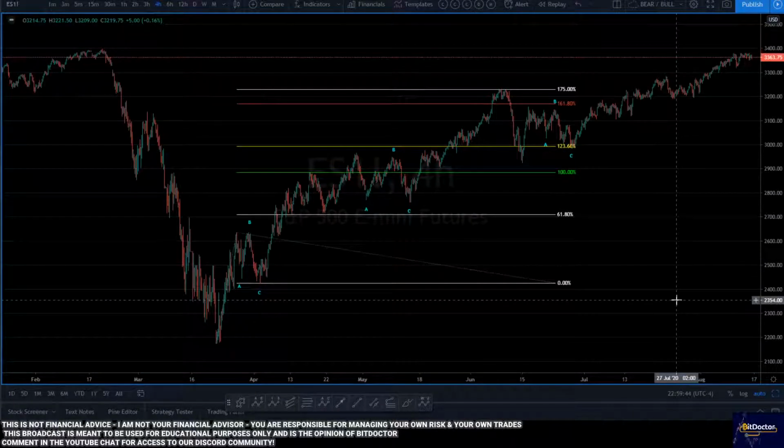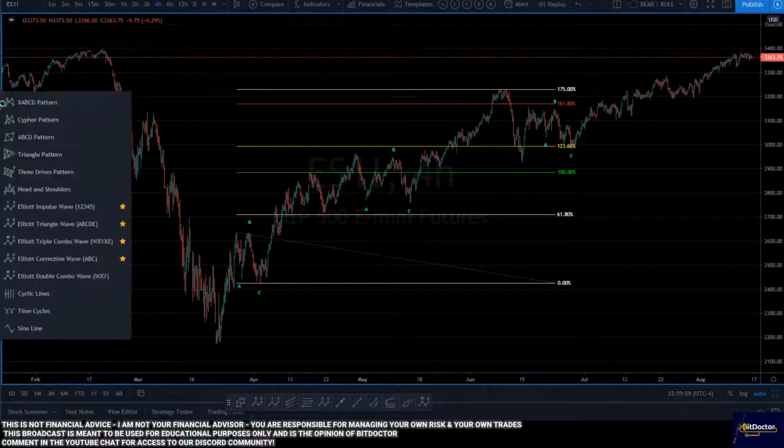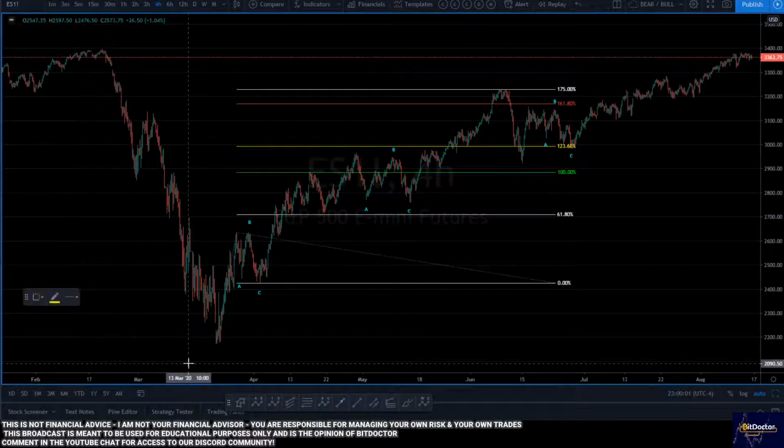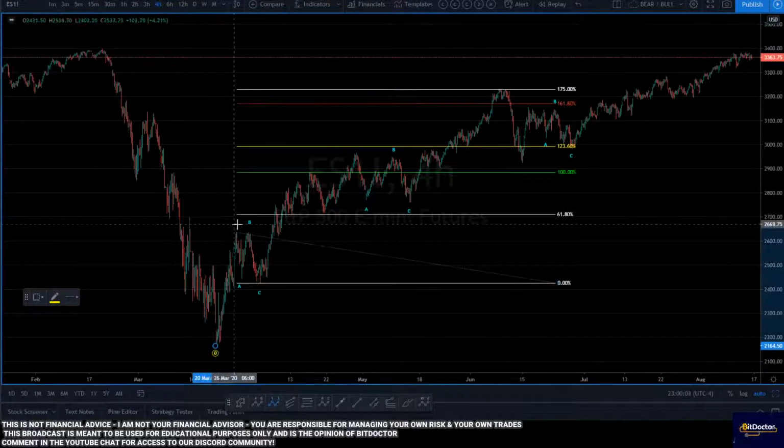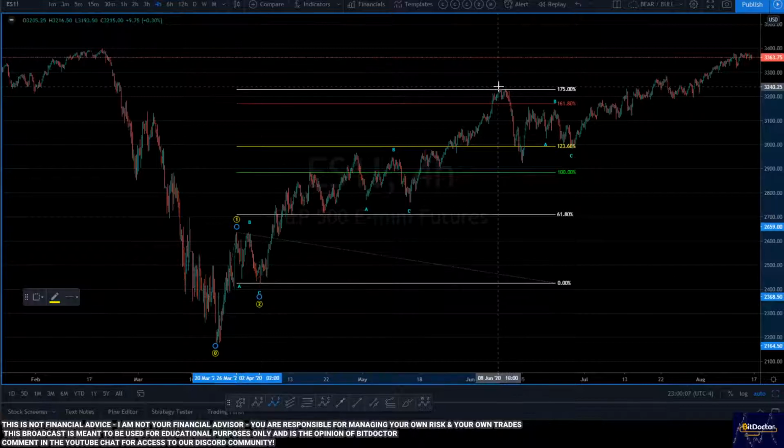Now this is really important because we are basically drafting what the future is going to be playing out, because we're still in this impulse. Based on what I can see here, we've got a 1, we've got a 2. This right here is our target for a 3.